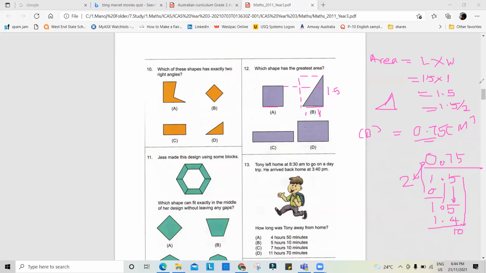When you finish, let me know. Area of A is 1 centimeter squared. B is 0.75 centimeter squared, right?